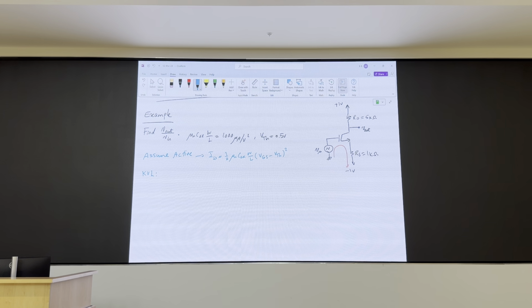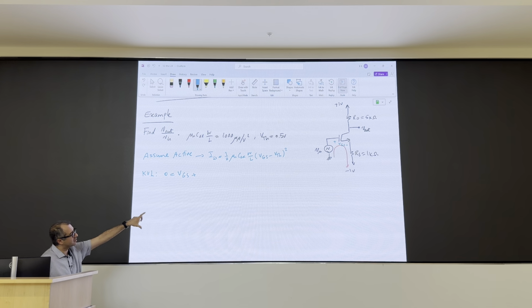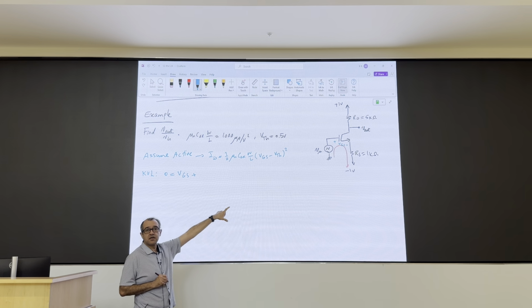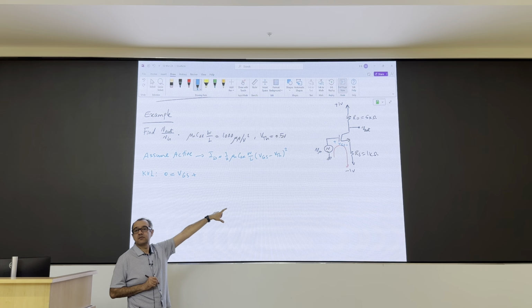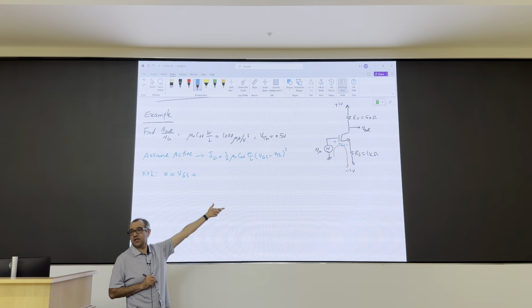So KVL. The DC voltage at the gate, from 0, is equal to VGS. And then what is the current through RS? The voltage drop across RS. So what is the current through RS? It's ID, right?